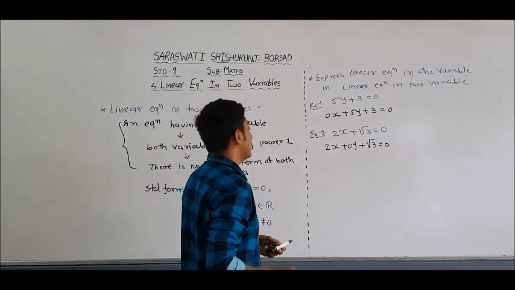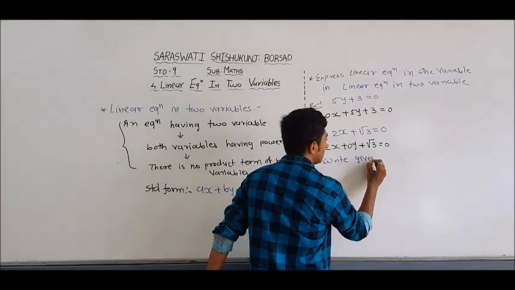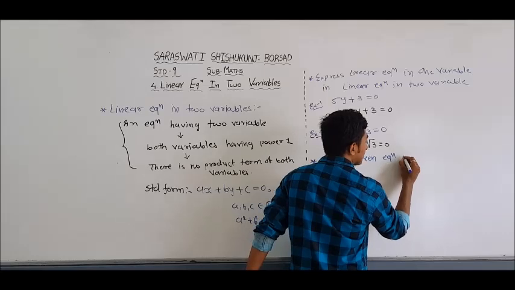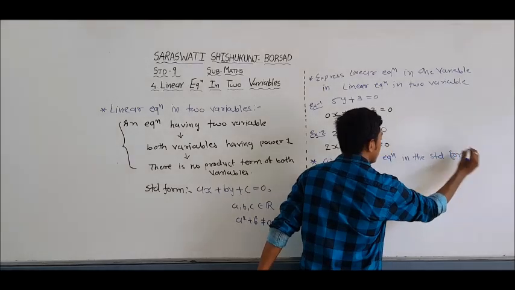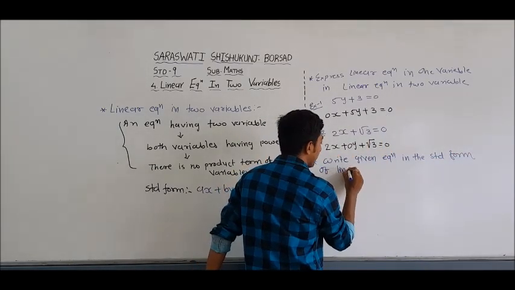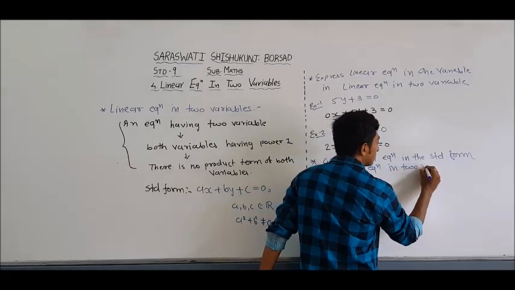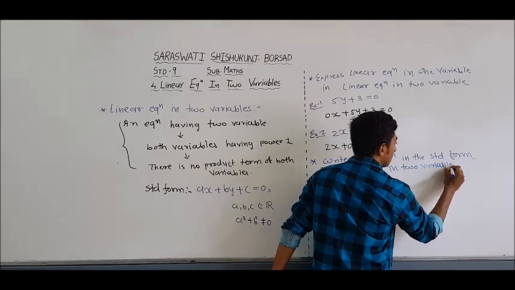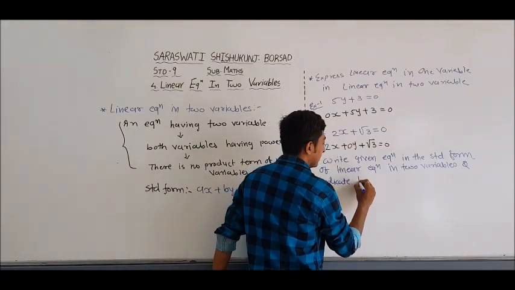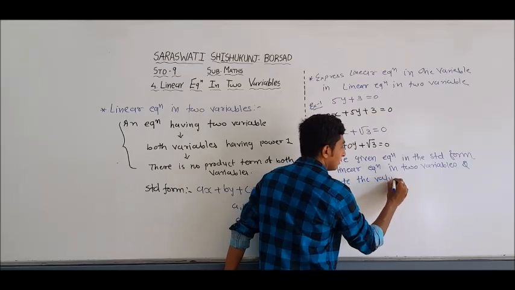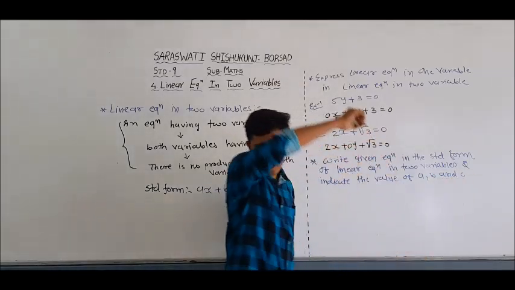So another type of example is: write the given equation in the standard form of a linear equation in two variables and indicate the values of a, b and c.